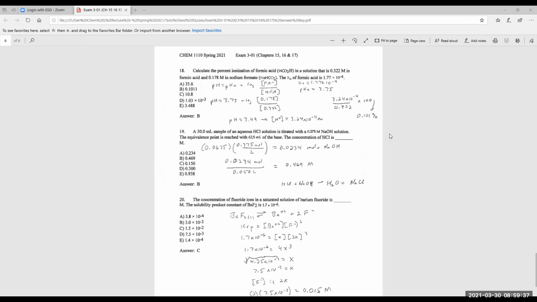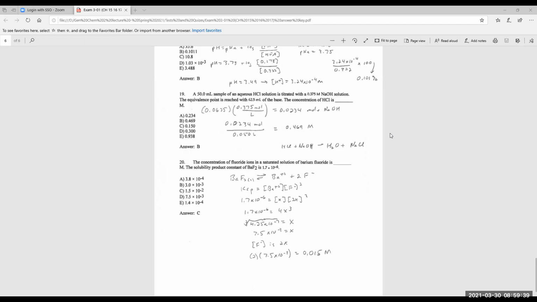Number 20, the concentration of fluoride ions in a saturated solution of barium fluoride is what molarity? And then you're given the solubility product constant for BaF2 as 1.7 times 10 to the minus 6.